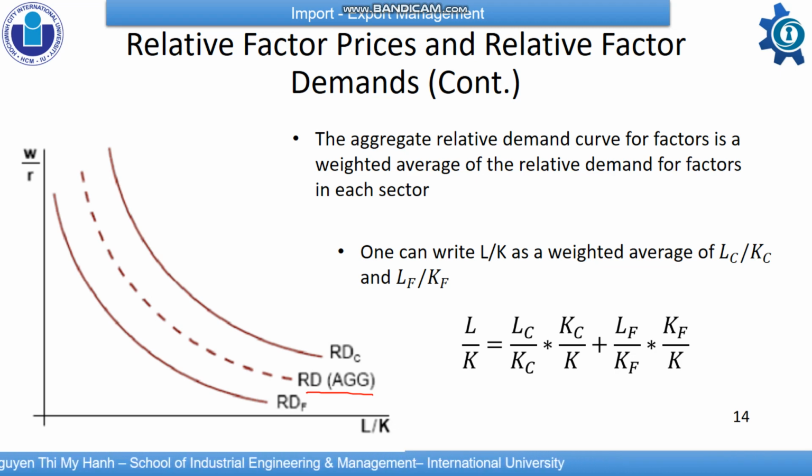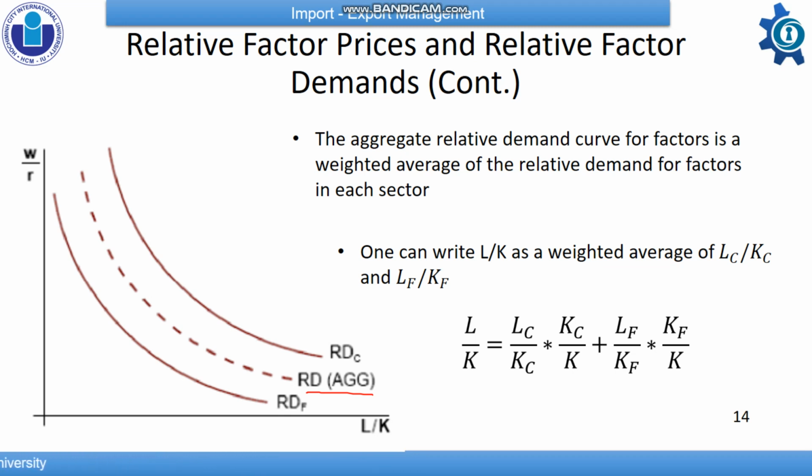We can conclude that the aggregate relative demand curve for factors is a weighted average of the relative demand for factors in each sector. Here we can see how we prove it in a mathematical formula.